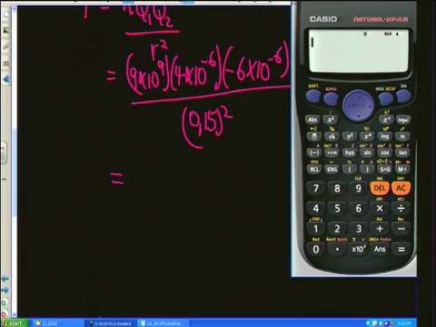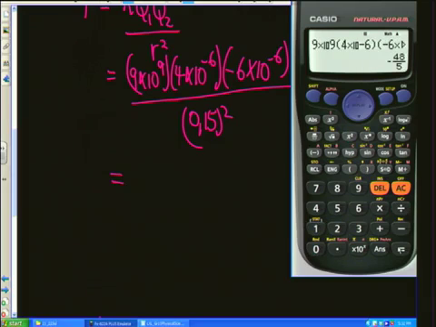So you've got 9 by 10 to the power 9 times 4 by 10 to the power minus 6 times minus 6 by 10 to the power minus 6. All right? You close those brackets and you divide that by what? 0.15, but that must be squared.